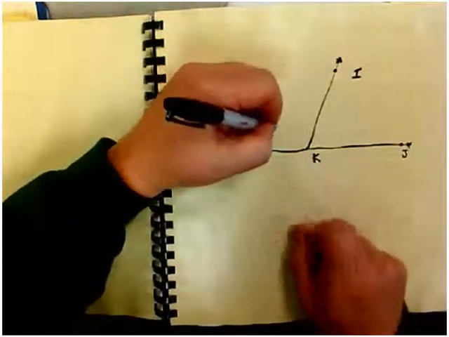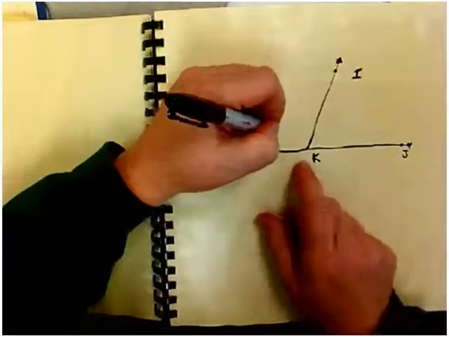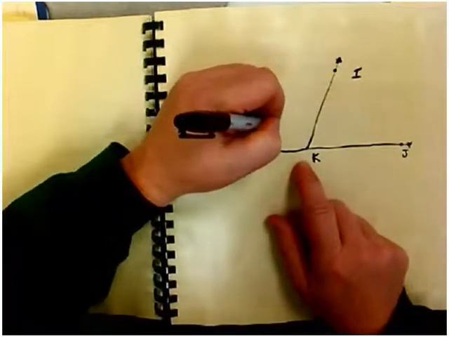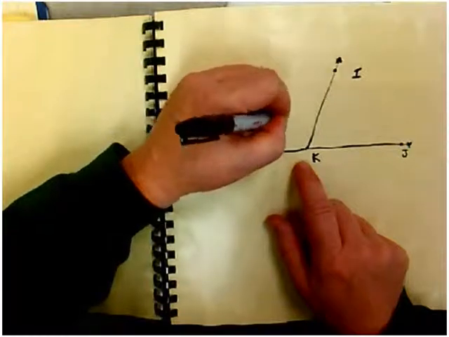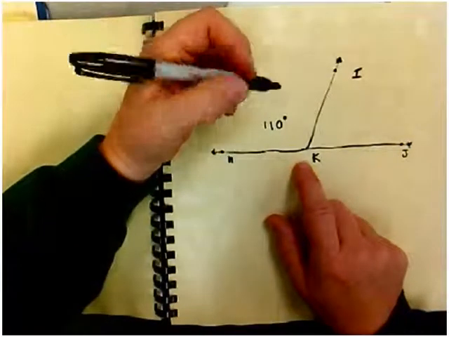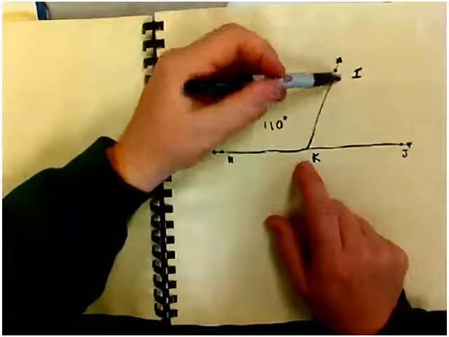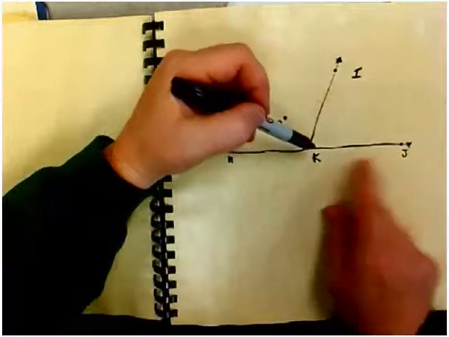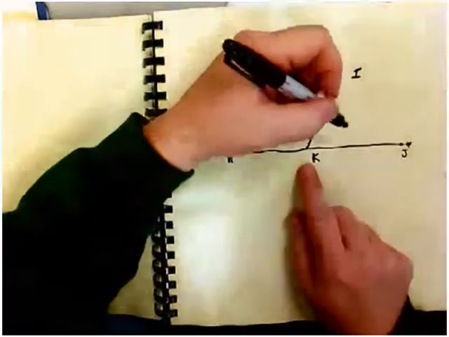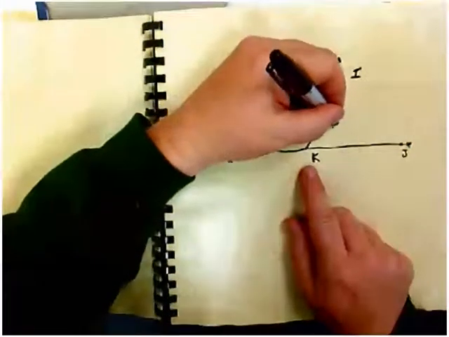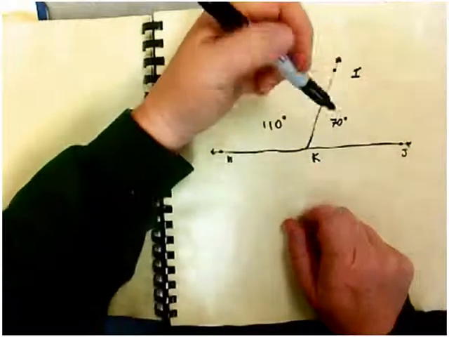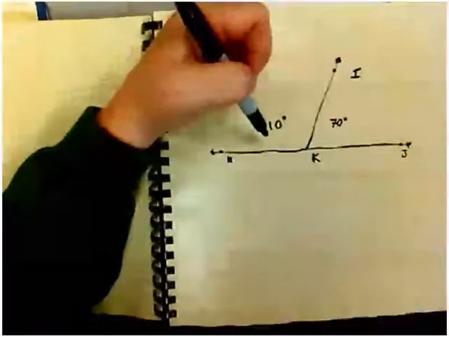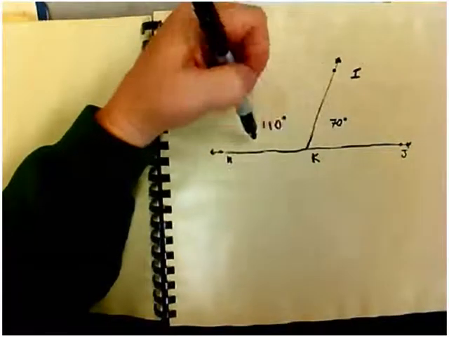They have the interior of that angle labeled, what is it, 110? Yeah. All right. And then you go from IKJ or JKI, the angle on the right. That better be 70 degrees, right? Okay, so those two together combine for 180, they're supplementary angles.